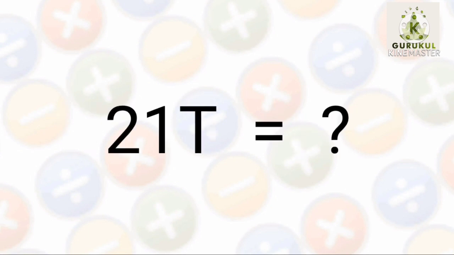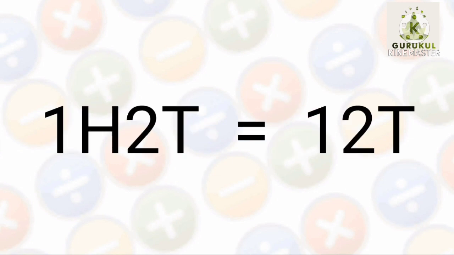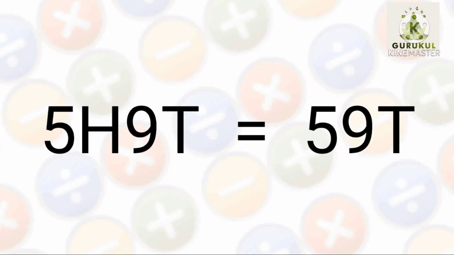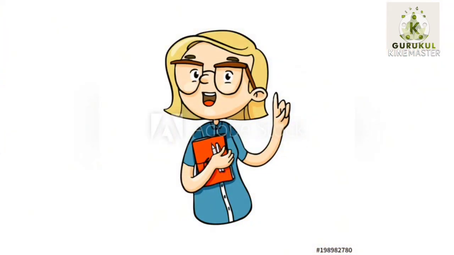And 21 tens means? Very good. 210. Similarly, 12 tens will be 120, 3 hundreds 2 tens will be 320, 5 hundreds 9 tens will be 590. Understood till here? Very good.